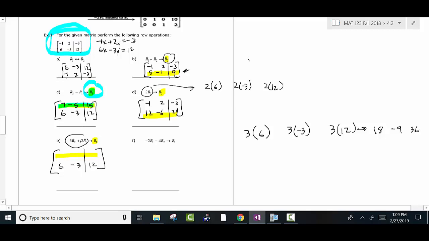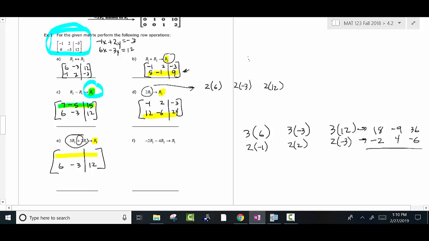Then I'm going to double R1, that says 2R1. So I'm going to double everything in row 1. Okay, like that. That's going to be 2 times -1 is -2. 2 times 2 is 4. 2 times -3 is -6. Okay, so I tripled row 2. I doubled row 1. Now what are you going to do with those two things? You're going to add it, right? So you're going to add this together.